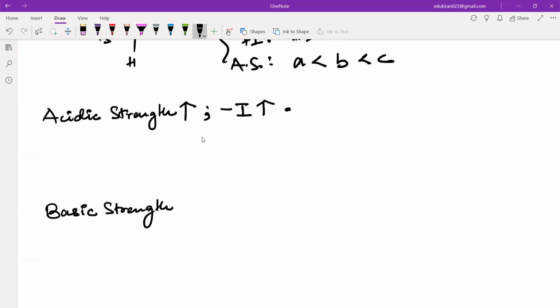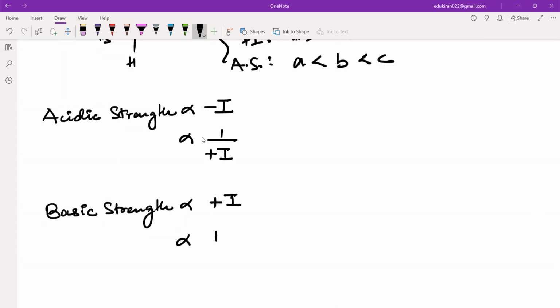Acidic strength is directly proportional to minus I, and it is inversely proportional to plus I effect. Basic strength is directly proportional to plus I, and inversely proportional to minus I. Just the opposite.